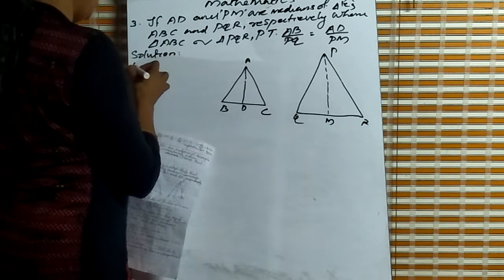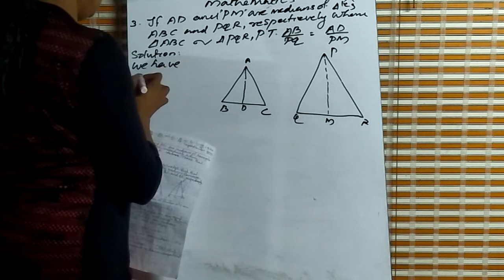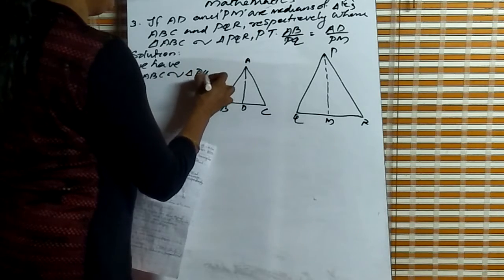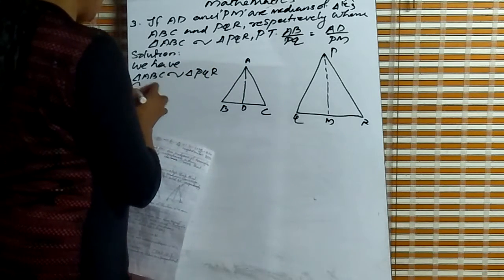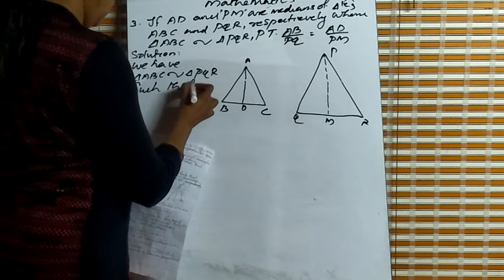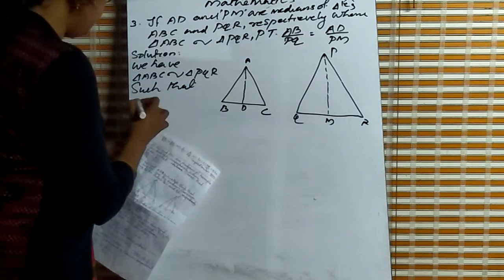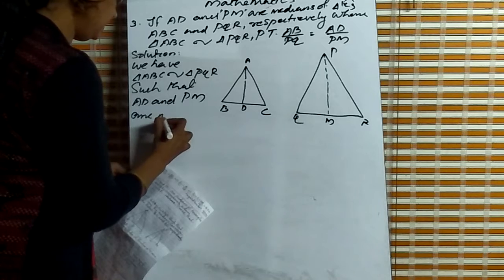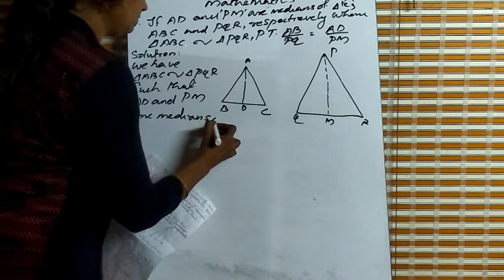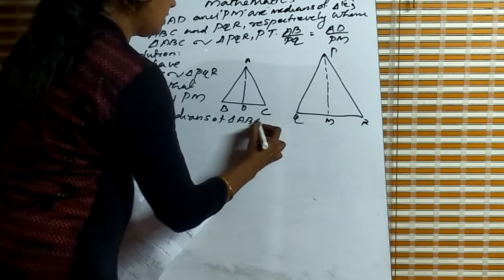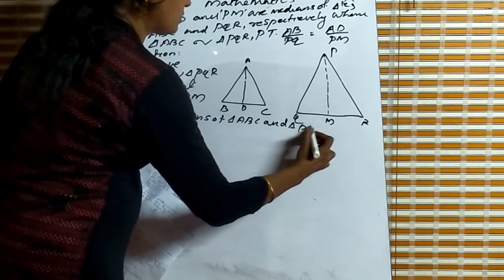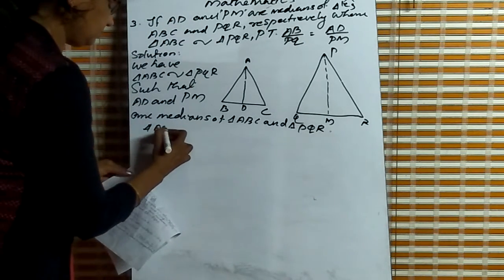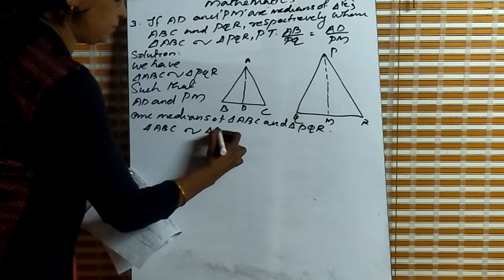We have triangle ABC similar to triangle PQR such that AD and PM are the medians of triangle ABC and triangle PQR. Triangle ABC similar to triangle PQR.